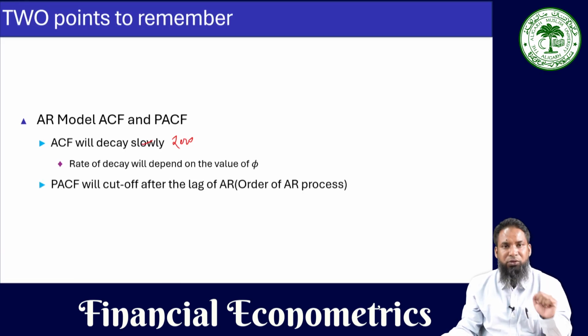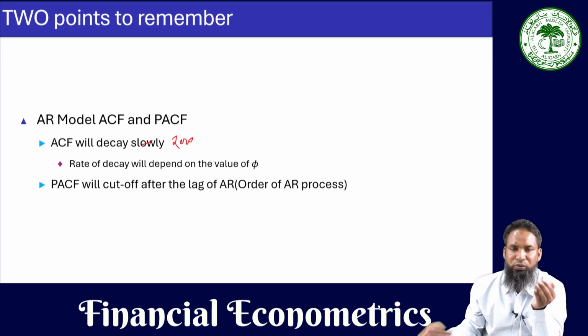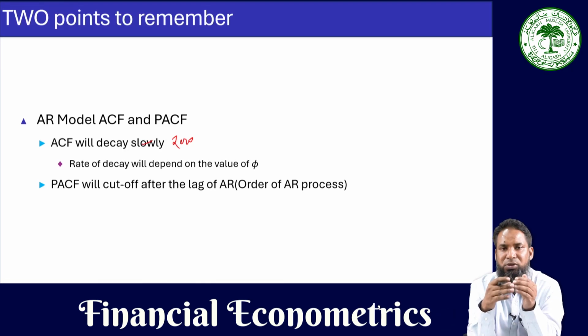Second, the partial autocorrelation function will cut off after the lag equal to the order of the autoregressive process. So if it is an autoregressive process of order 3, then after the third lag, the partial autocorrelation function becomes 0.